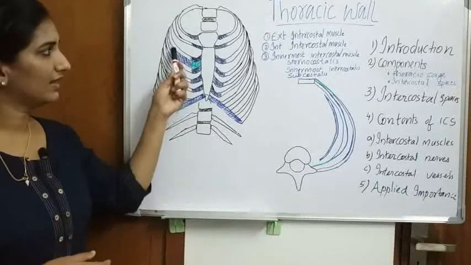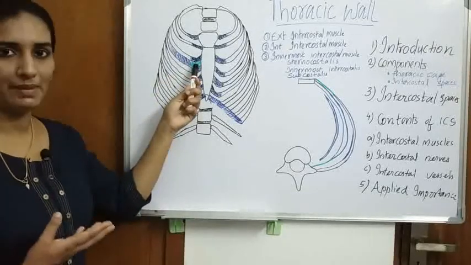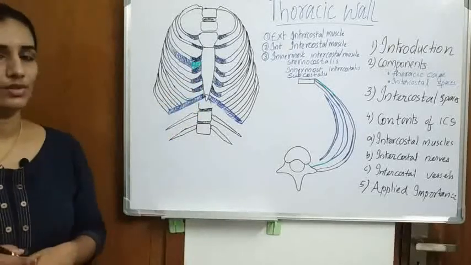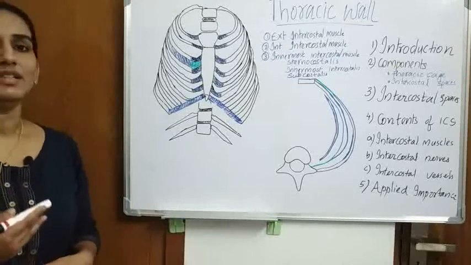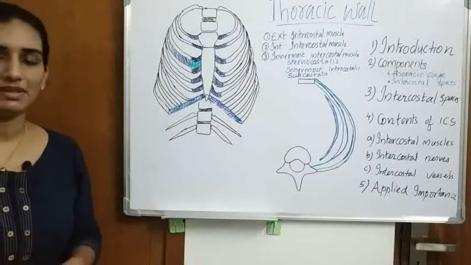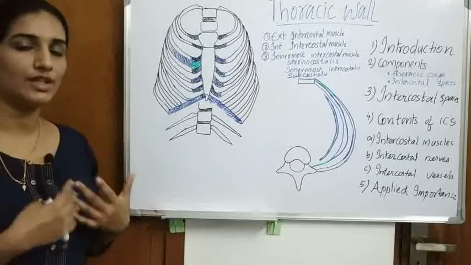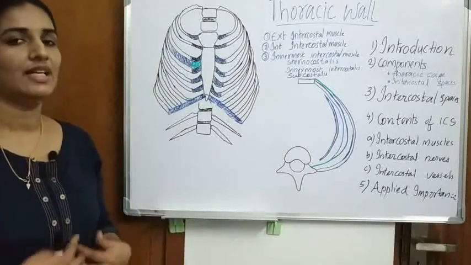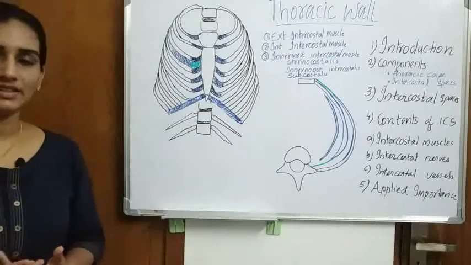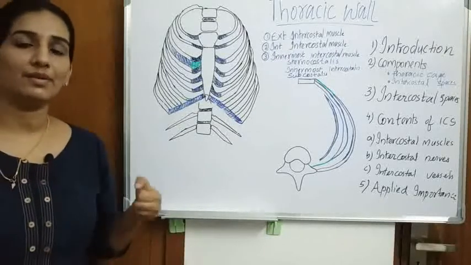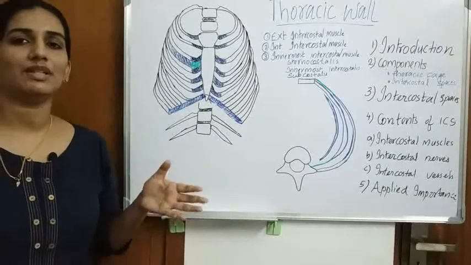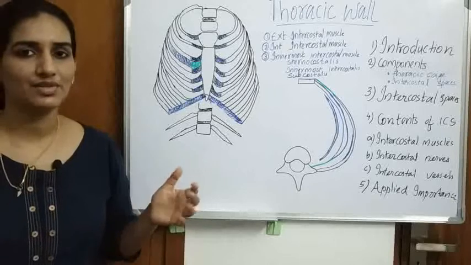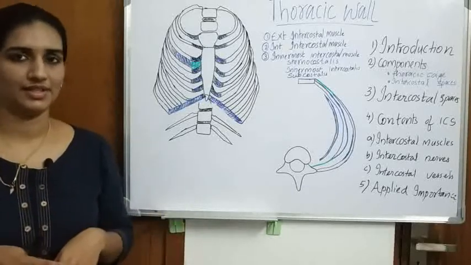The nerve supplying the external intercostal muscle is the intercostal nerve present in the corresponding intercostal space. The action of the external intercostal muscle is to elevate the ribs, and thus they increase the anteroposterior and transverse diameter of the thoracic cage.